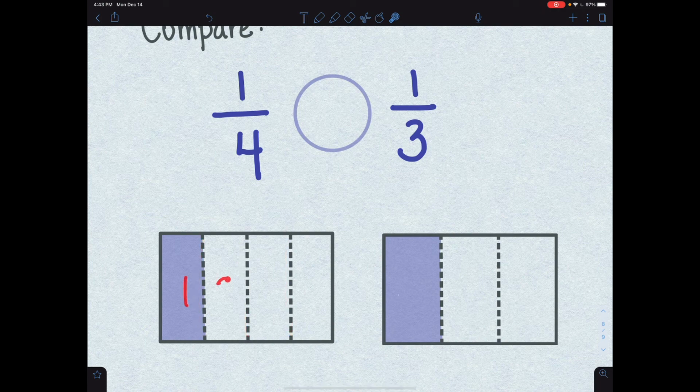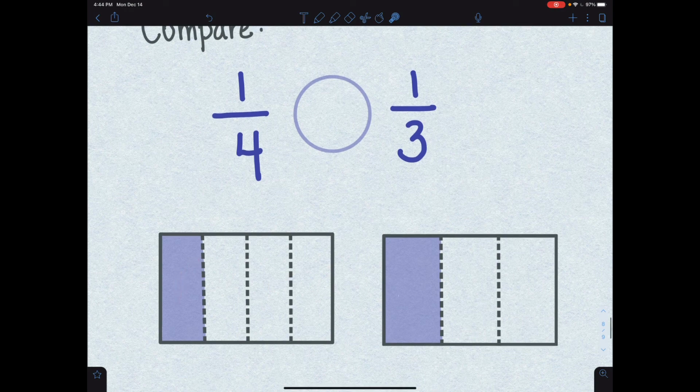So there's 1, 2, 3, 4. And because the fraction is 1 out of 4, the top number tells us what we have to shade in. The bottom number, the denominator, tells us how many pieces there should be. The top number tells us how many we should shade in. So for 1/4, I did 4 pieces because that's the denominator, and then I shaded in one of them.